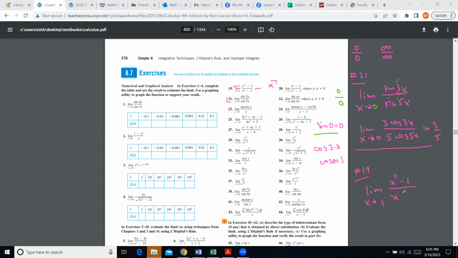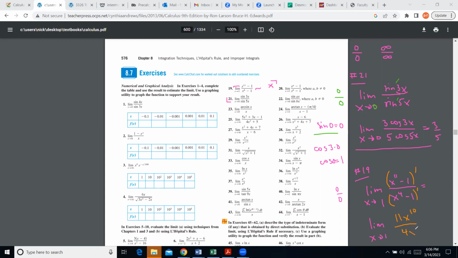So that's another 0 over 0 indeterminate form, because you have 1 minus 1 on the top and 1 minus 1 on the bottom. And that's why, again, I'm going to take derivatives and get the answer much faster. So taking the derivative of the top, which is going to be 11x to the power of 10, and taking the derivative of the bottom, which is going to be 4x to the power of 3.